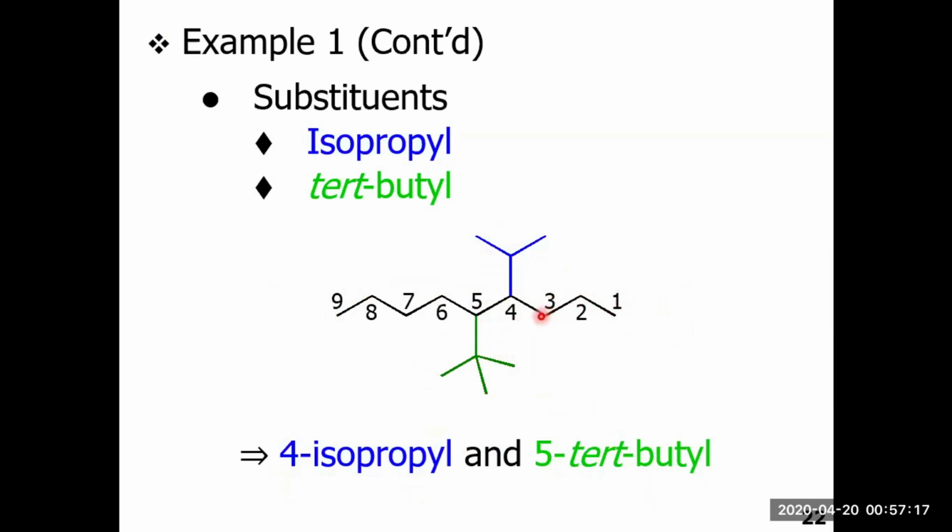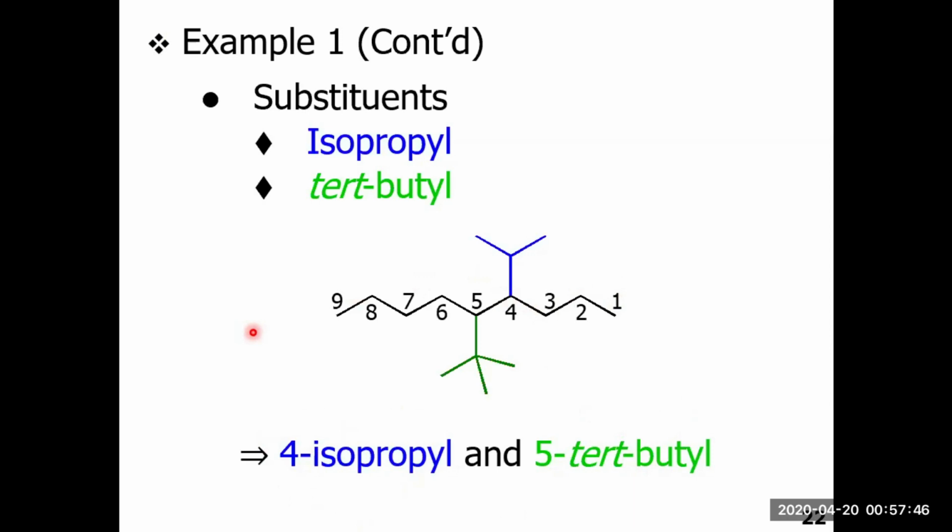So now we know the number of carbons in the parent chain, that is nonane. We are now settled with the numbering of the parent chain, and we know the substituents present in the parent chain. The only thing left for us is how to write the full name. We use the IUPAC rules to do this. We have to list all the substituents first, followed by the parent.